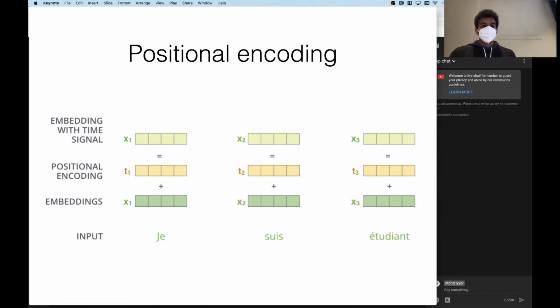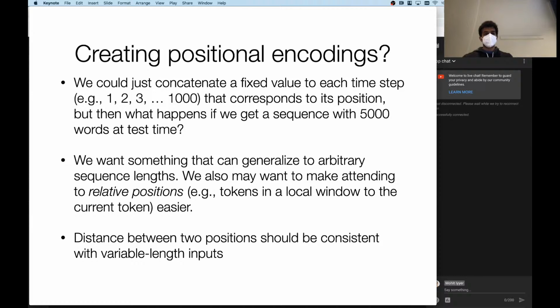Okay, so the positional encodings in the original transformer paper, they did not learn them. In many models nowadays, it's common to just say, okay, the maximum sequence length that my model can handle is, say, 2048 tokens. So I'm going to learn 2048 different position embeddings, one for each position.